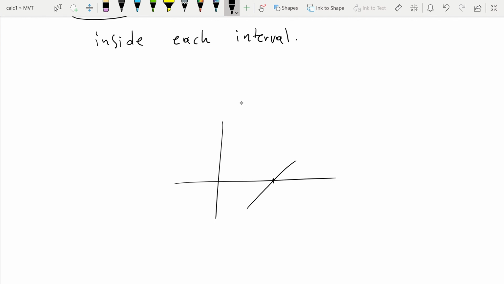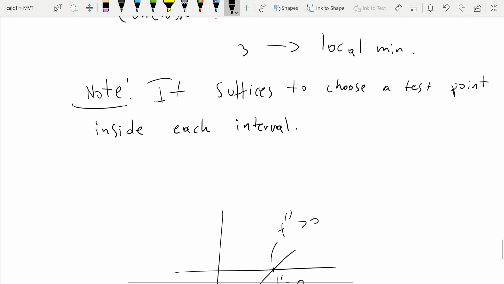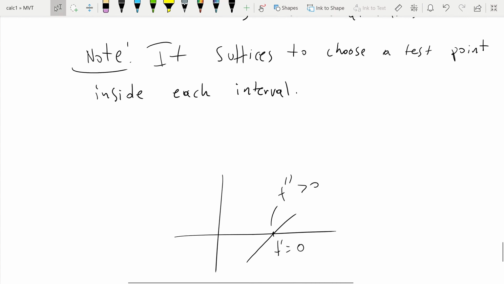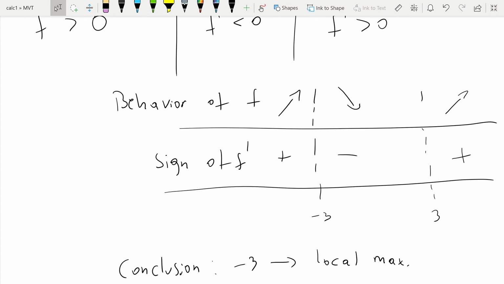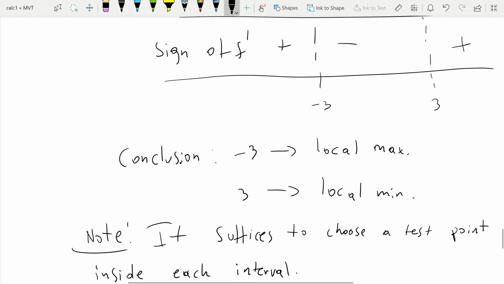You cross 0, so this is where f prime is equal to 0. So it must have been negative before, and positive after. This happens if f double prime is positive at this point. So you change from negative to positive. That's the situation at 3, so that implies that you have a local min.